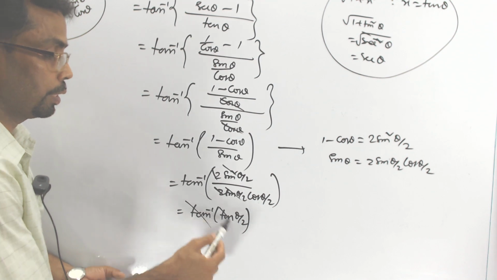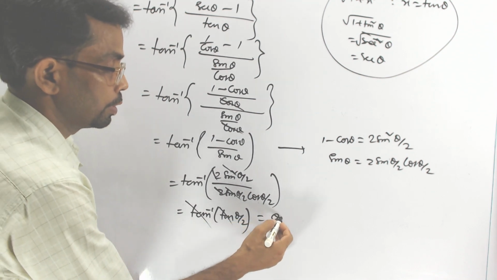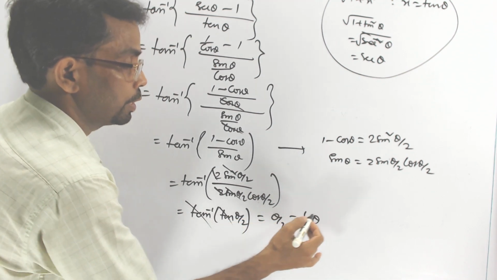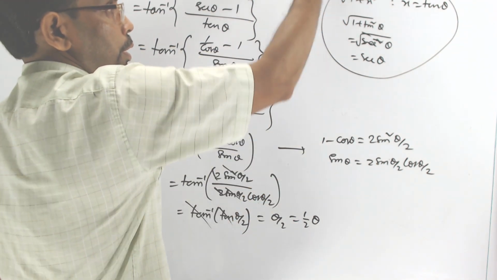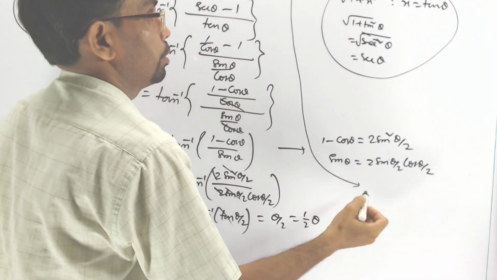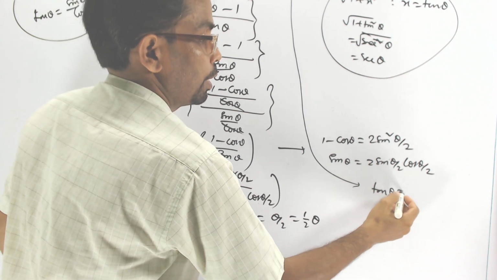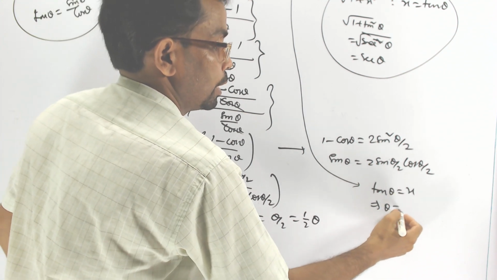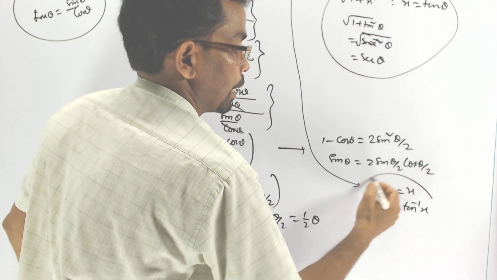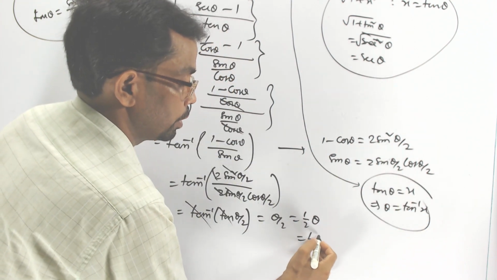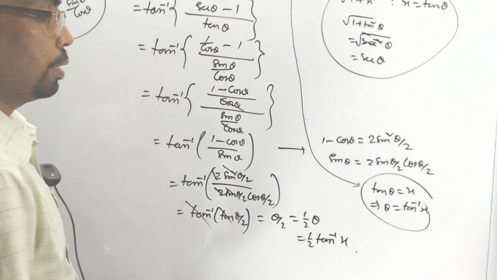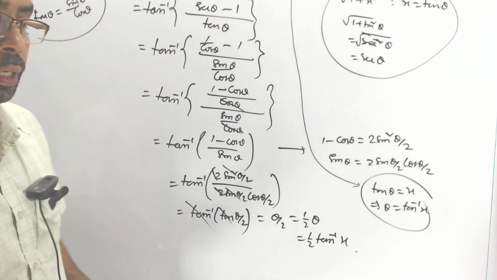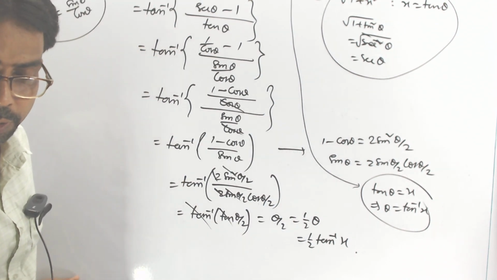Tan inverse tan cancel, it is only theta by 2, which can be written as half of theta, then theta must be removed. You say you have taken, what you have taken? You have taken tan theta for x. So if you remove theta, it will be tan inverse x. So finally 1 by 2 tan inverse of x, and you can say this is the simplest form. The question is to simplify, and what we have got is the simplest form.